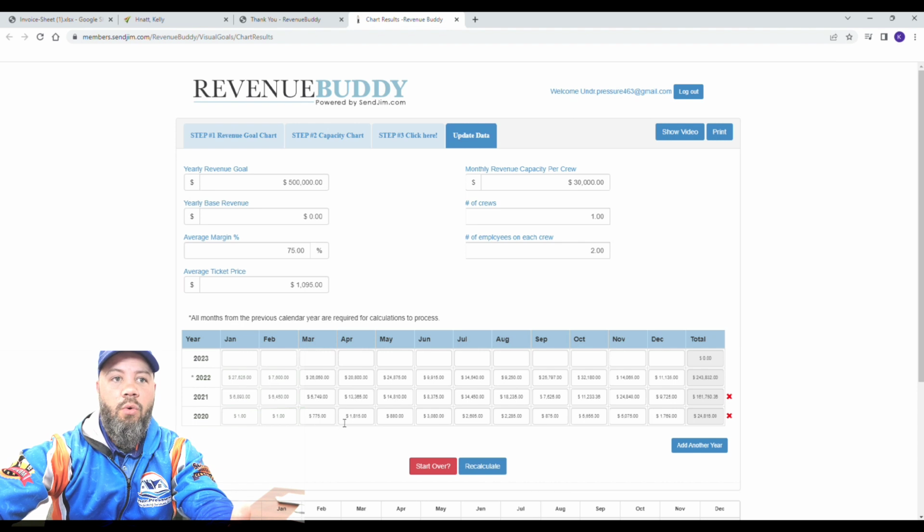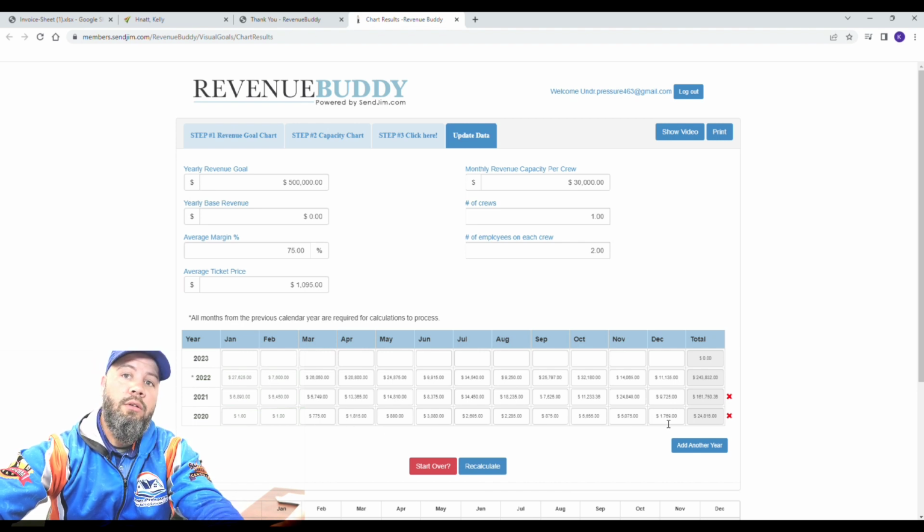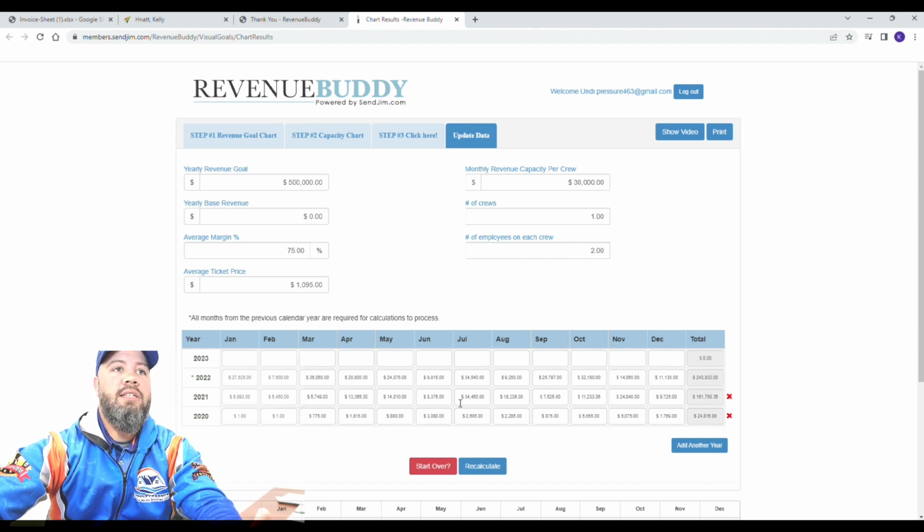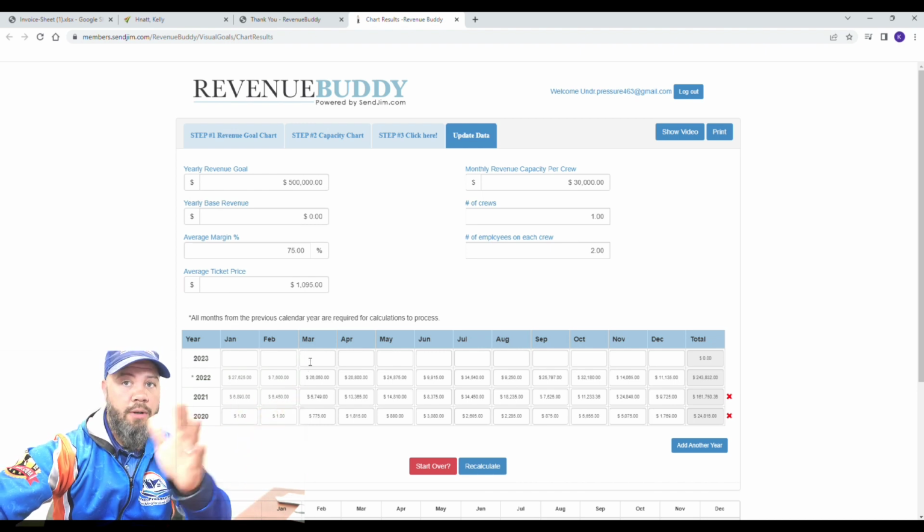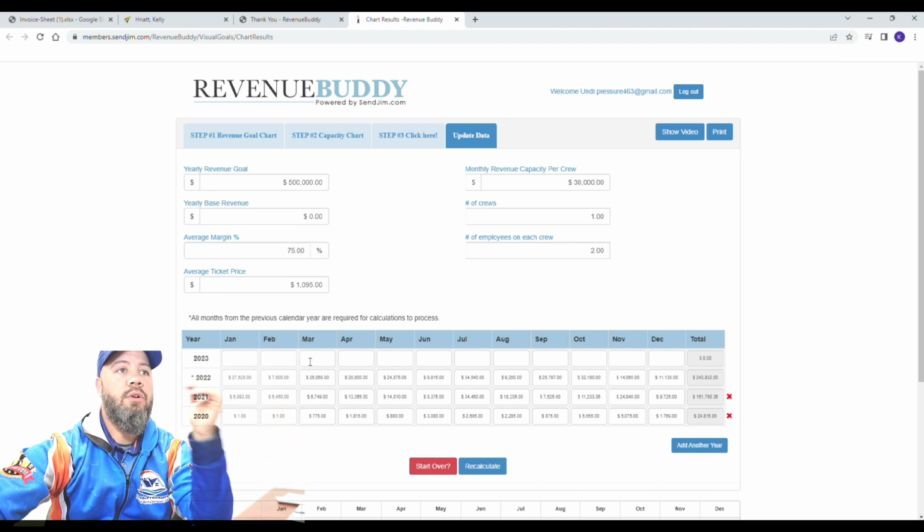Then so on and so forth as I went through the year doing that part-time, and then we grew. But putting this information in every single month for every single year is what actually helps to show it. It'll show your year-end revenues that you attained through the past years, and then it'll predict the seasonality.